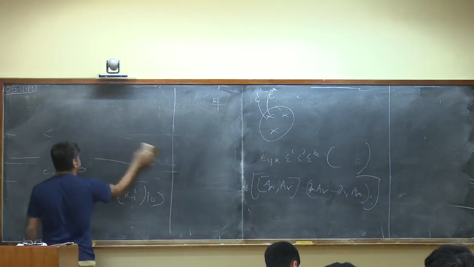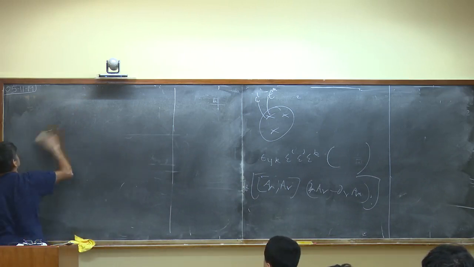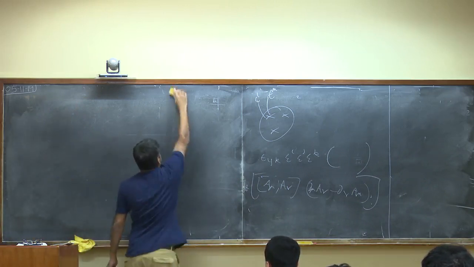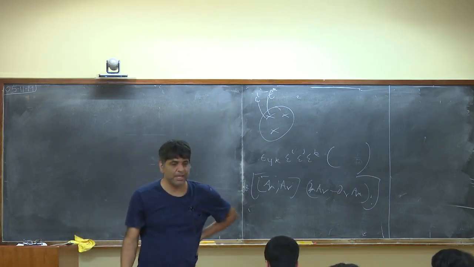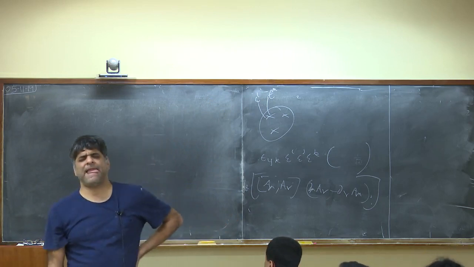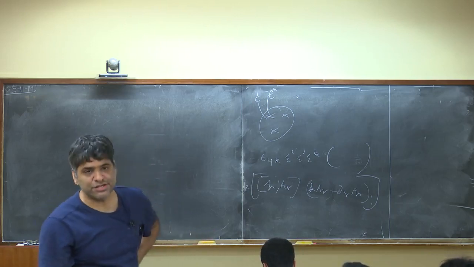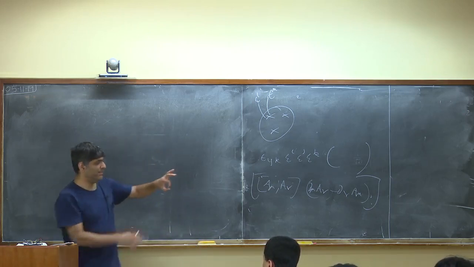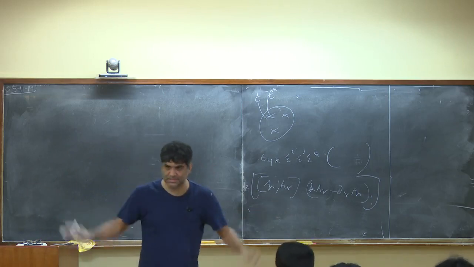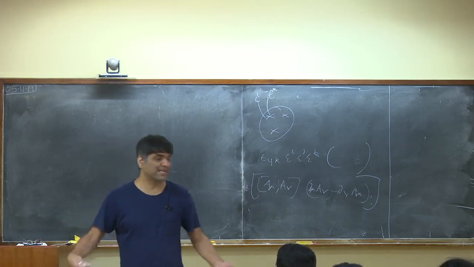If we have any gravitational theory compactified on a circle, when we look at the low energy effective theory, at long distances compared to the circle, there is always a U1 gauge field called the Kaluza-Klein gauge field.